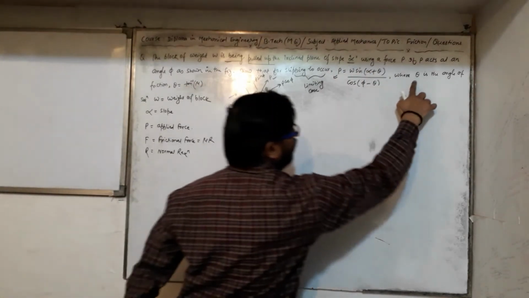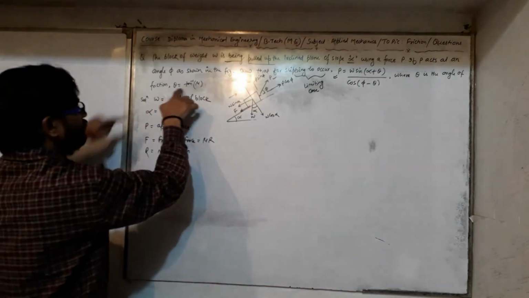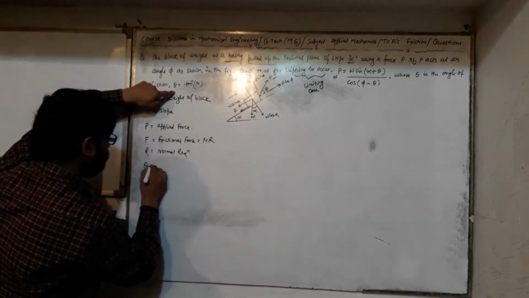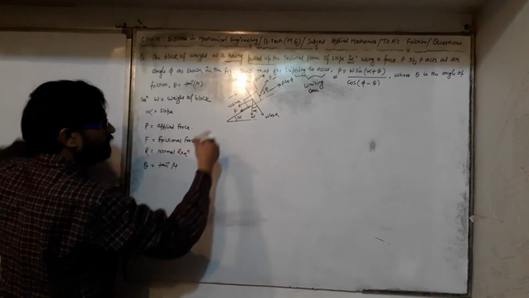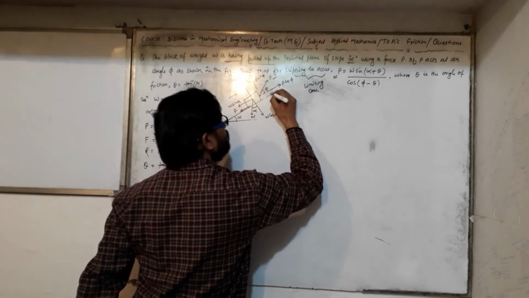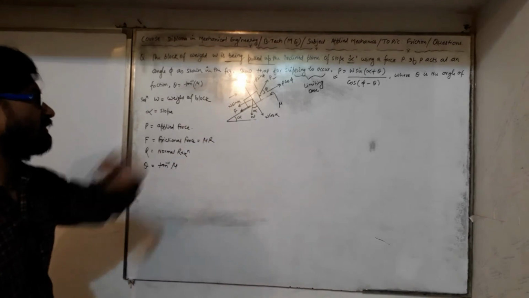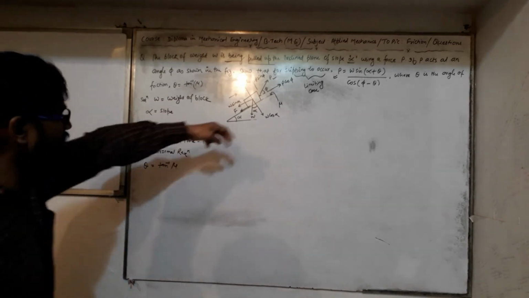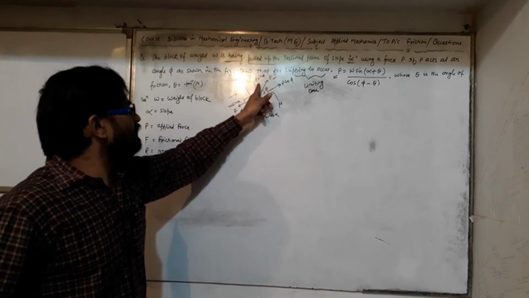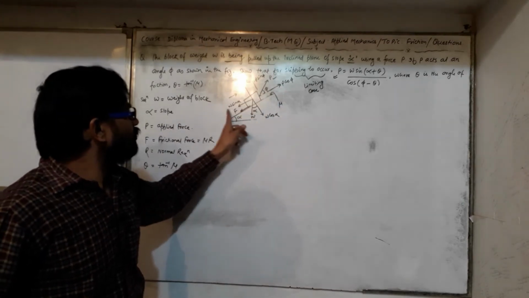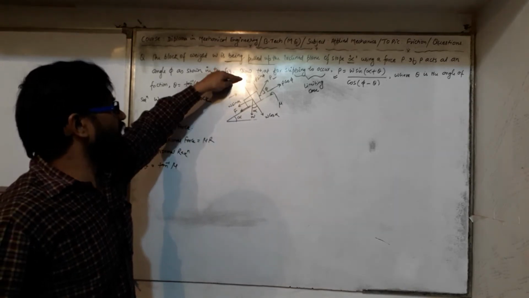One more thing: theta is involved here, which is nothing but the angle of friction, whose value is tan inverse mu. It means the inclined plane is not frictionless; it has a coefficient of friction mu. I have already resolved the force P into two components, and W is also in two components. Frictional force acts in this direction, and the normal direction is here.